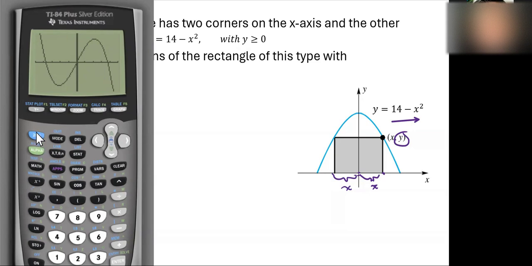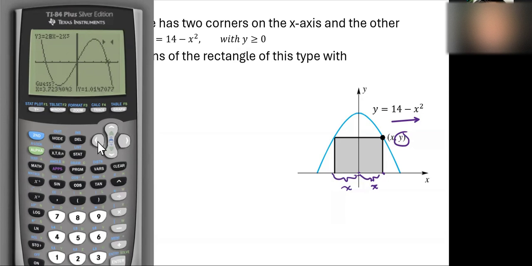So again, we're going to go to second, trace, and then go down to 0, and then make a guess, estimate. Okay, here we go. So then we're going to enter for the right one. Okay, press enter again.